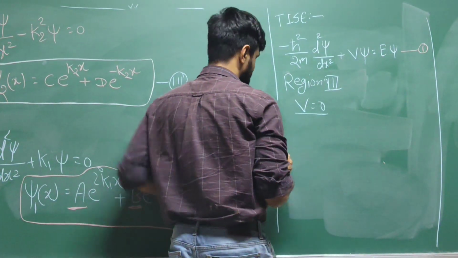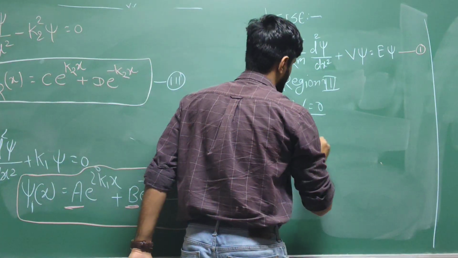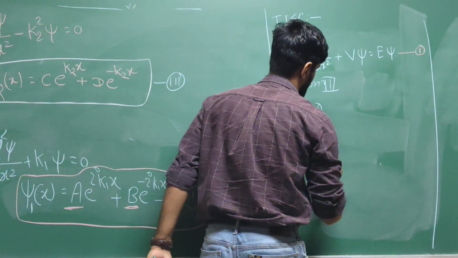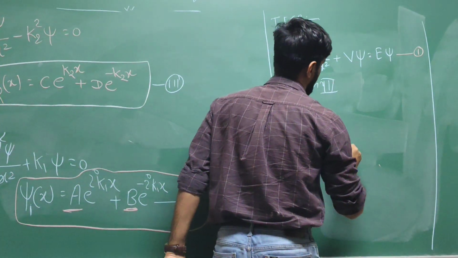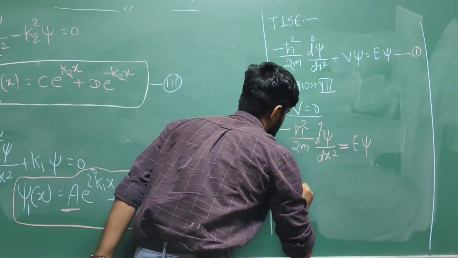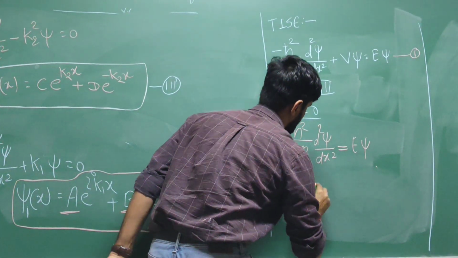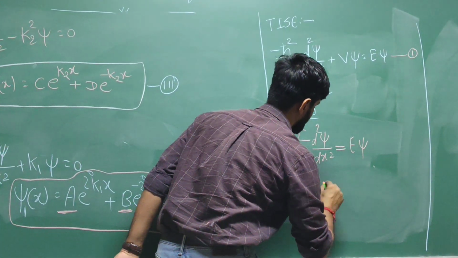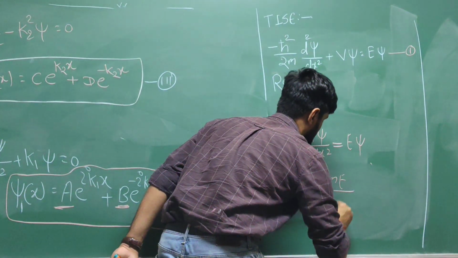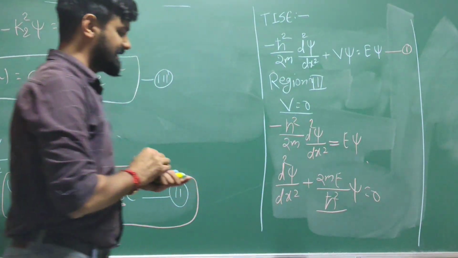If the potential is 0, then we can directly substitute: minus h cut square divided by 2m d2 psi by dx square equals E psi, and this can be written as d2 psi by dx square plus 2mE by h cut square psi equals 0.